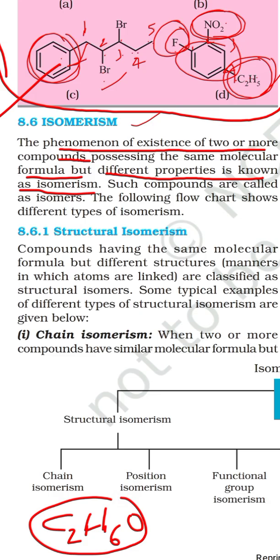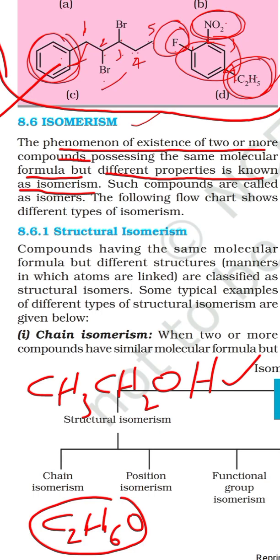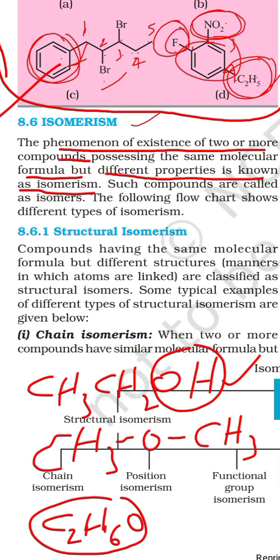CH3CH2OH is an alcohol having the OH functional group, and the same molecular formula belongs to this compound also. This is an ether, dimethyl ether. This is an alcohol, called ethanol. Both are totally different.